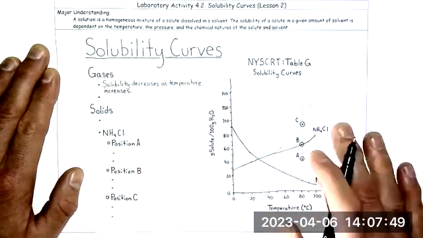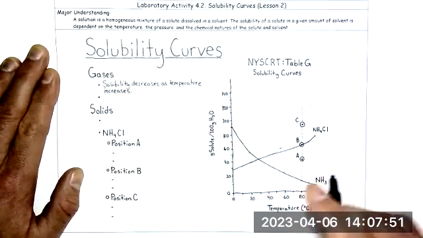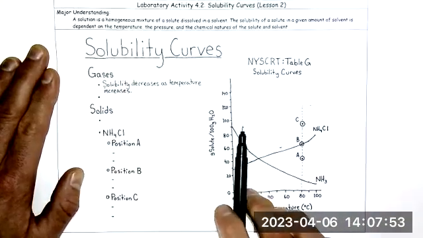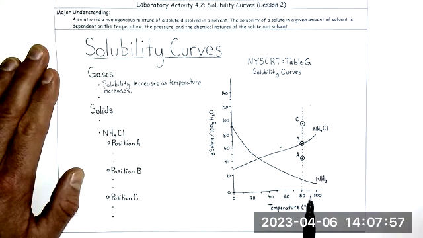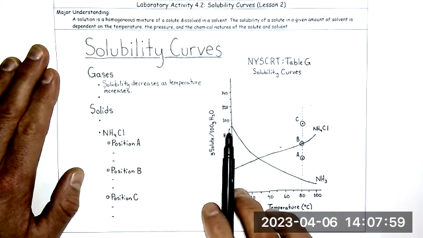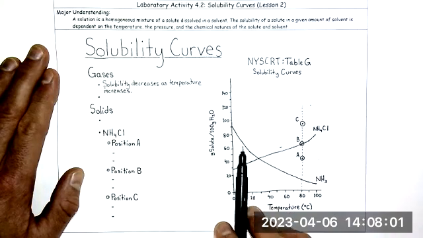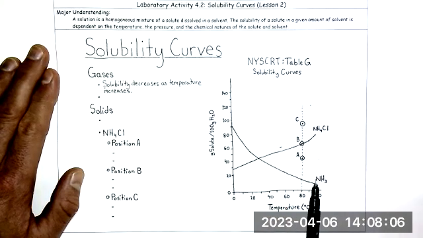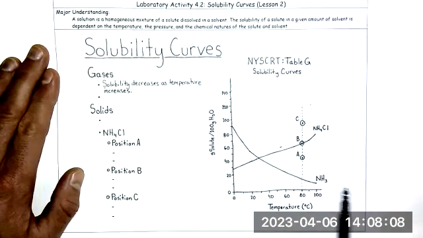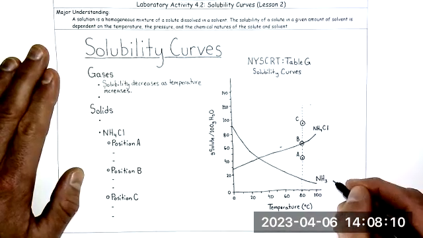And so if you notice on this table G, we have one of our substances as the temperature increases for the solution, the actual solubility or the amount of grams of solute per 100 grams of water decreases. And that's for NH3. And the reason being is NH3 is a gas.